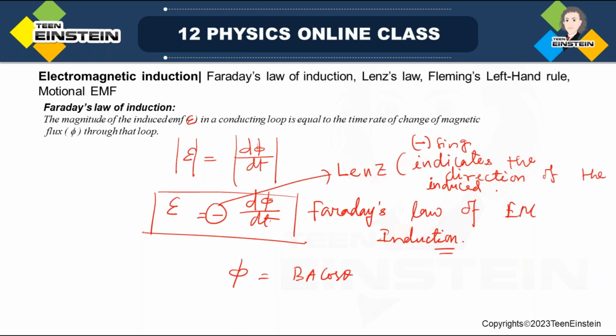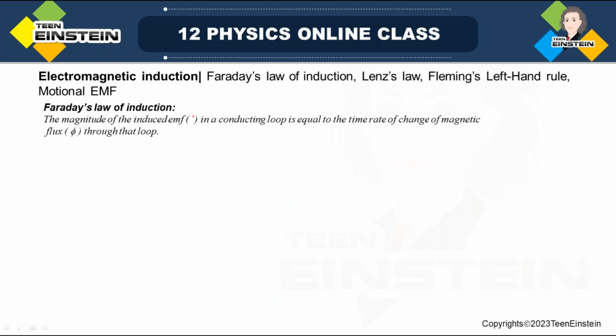Let me just write it neat and clean. Mathematically, the induced EMF according to Michael Faraday is d phi by dt. This minus sign was given by Lenz.